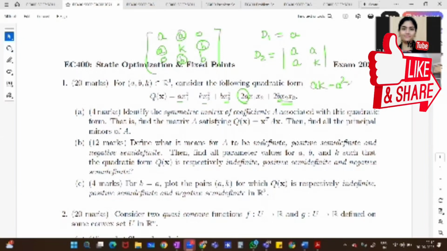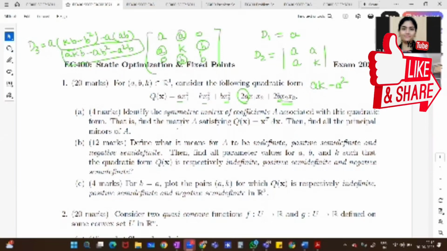T3 equals A into (BK minus B²) minus (AK minus ...), which is equivalent to ABK minus AB whole squared minus A²K.